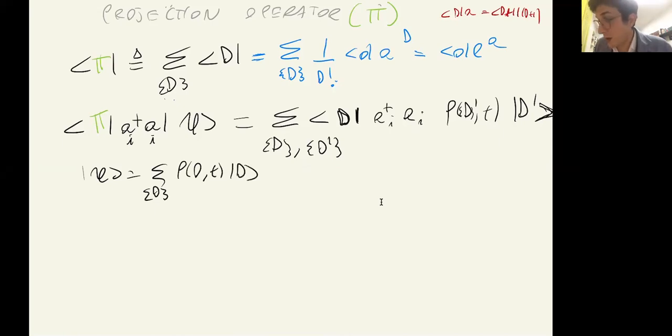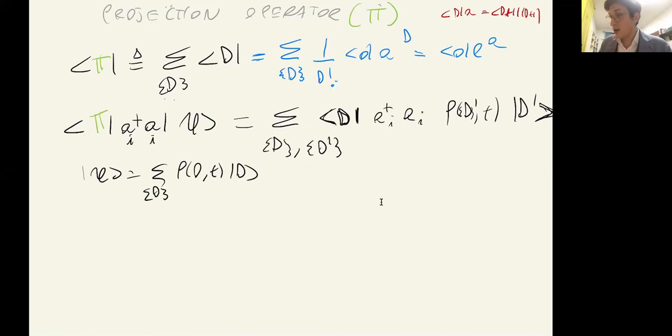So we have the sum over all d that come from the pi, the sum over all d prime that comes from the phi, and then you have a dagger i, a i. Now we have a sandwich between those.